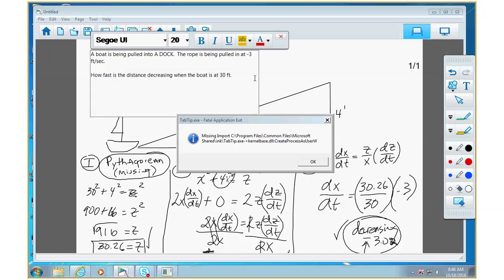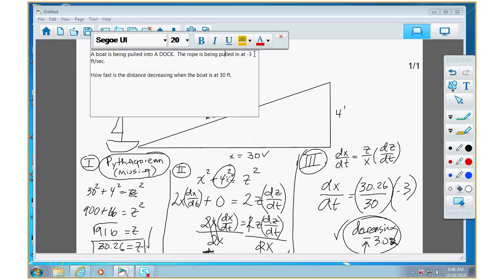Let's say that this is changed to 4 feet per second. And I want to know how fast when the rope is at 13 feet.